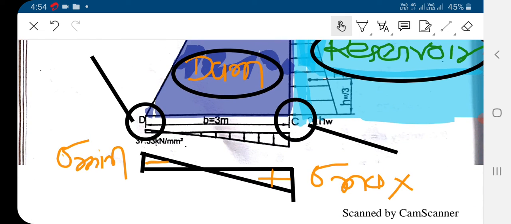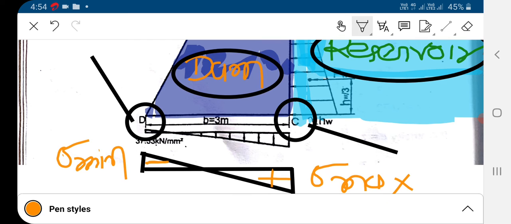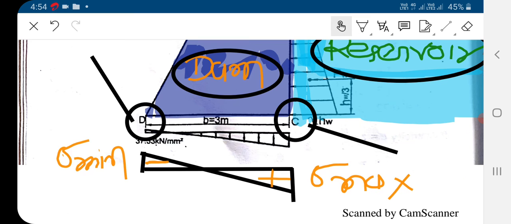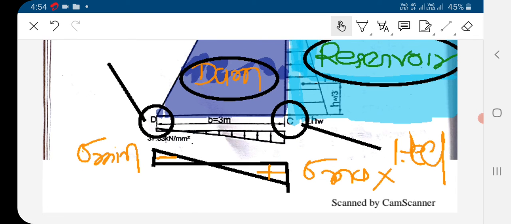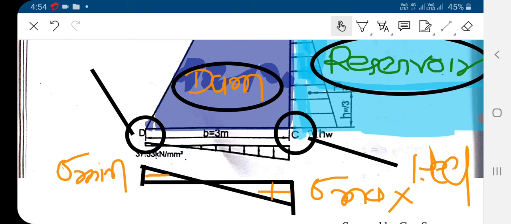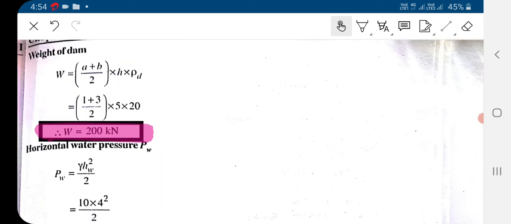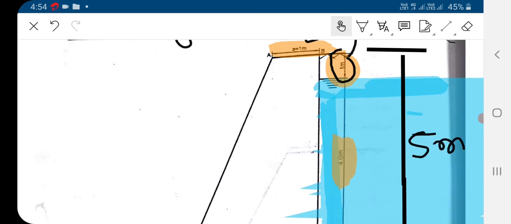You have to understand where the heel and toe are, and where sigma max and sigma minimum are. If you keep this in mind, you can easily solve examples like this.